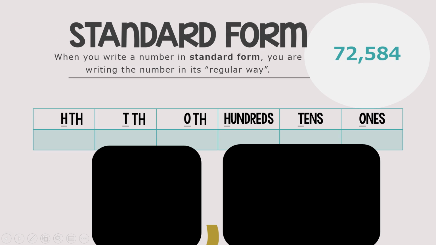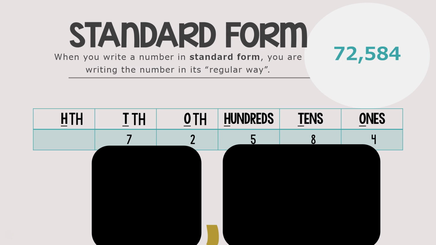Now I'm going to start with the number all the way to the right in my ones place. 4, an 8 in the tens, a 5 in the hundreds, a 2 in the 1,000s, and a 7 in the 10,000s. Now this is a really big number, and sometimes it can get a little bit confusing to say.